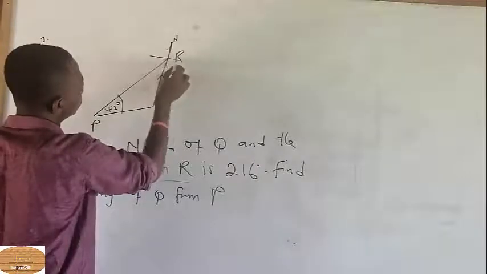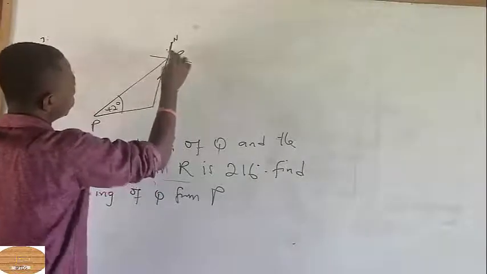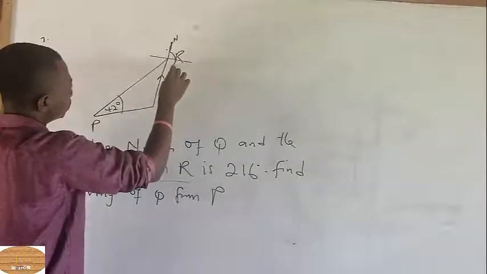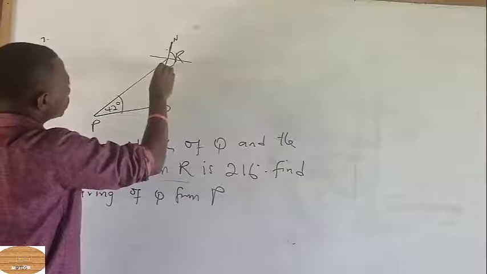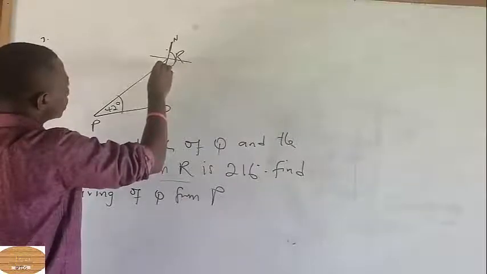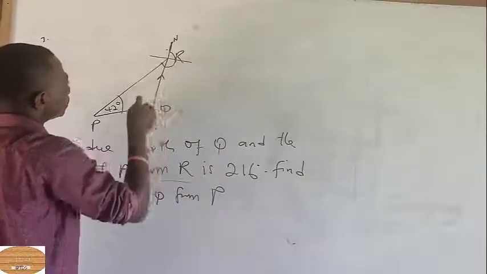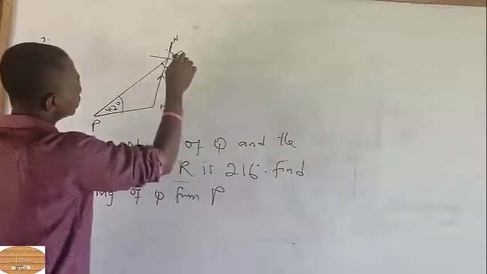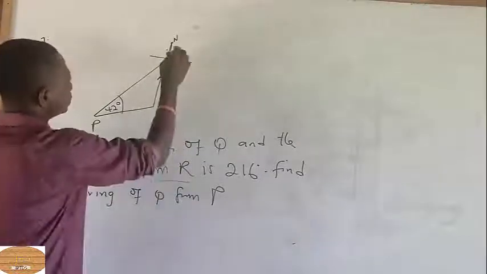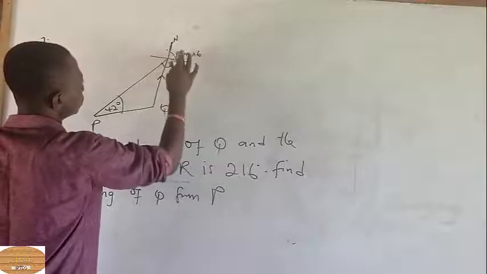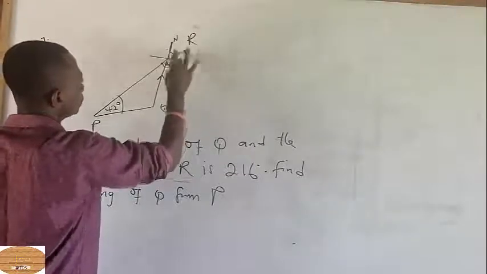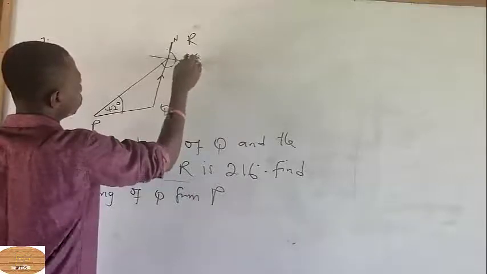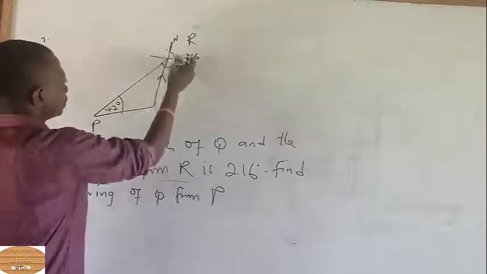So let me draw my point here. From this one, this 180, if you enter into this quadrant, it says 216. Let me bring my R here. So we have 216 from this side to this side.